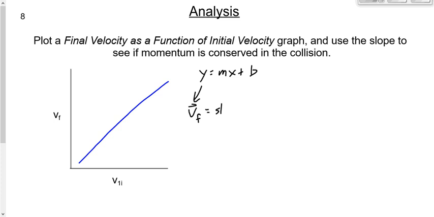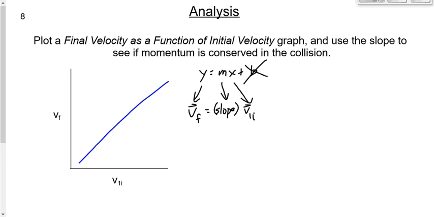The word slope for m, because I don't want to use m for slope since I might get it mixed up with mass. And substitute V1i for x, because that's what's on the x-axis. The y-intercept will be basically 0, as you're going to see when you plot your graph, so we won't worry about that one. We'll just cross that off. So y = mx + b becomes Vf = slope times V1i.